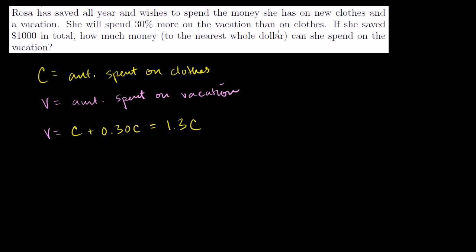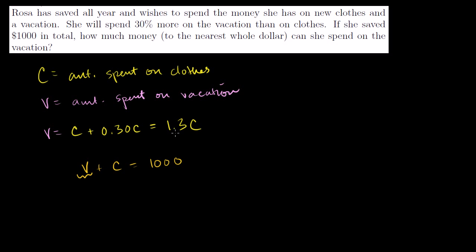That's how much she's going to spend on the vacation. Now, if she saved $1,000 in total, how much money to the nearest whole dollar can she spend on the vacation? So between V and C, she can only spend $1,000. So V, vacation, plus her clothes can only be $1,000. And so we know what the vacation is in terms of the clothes. We can do a little substitution.